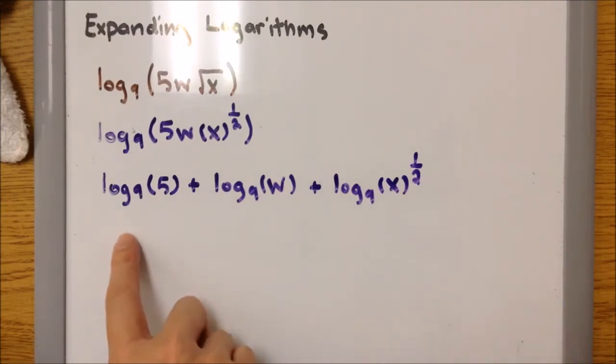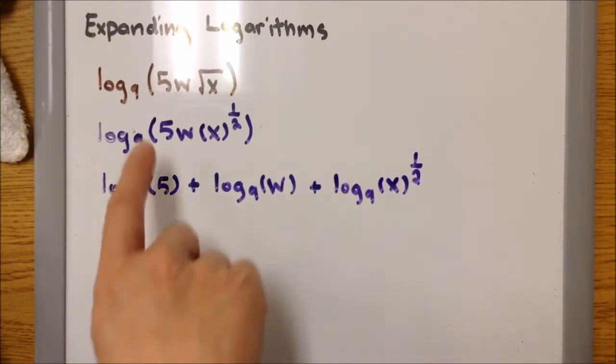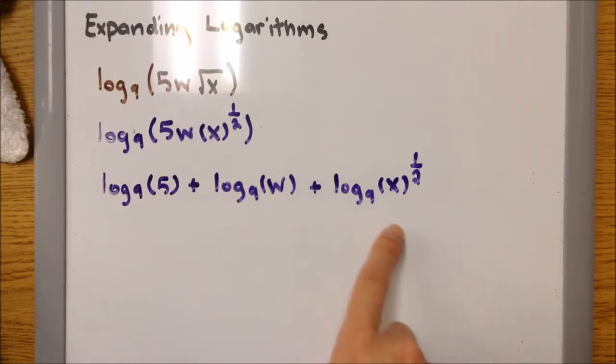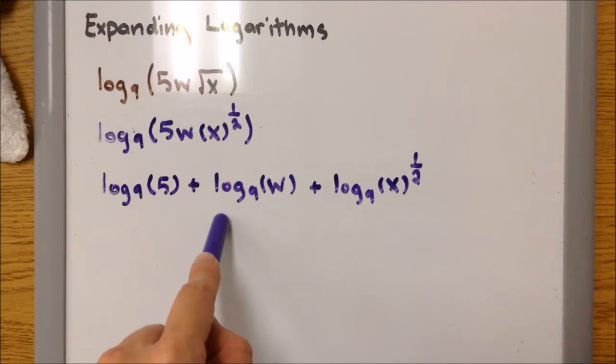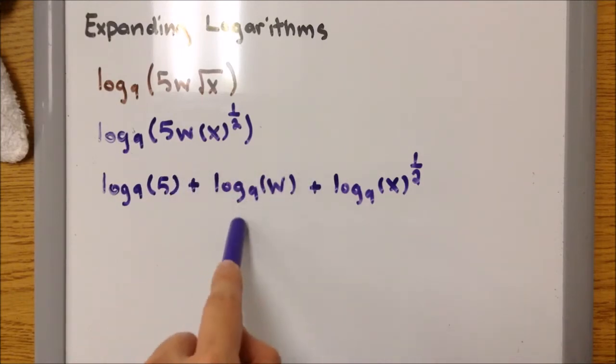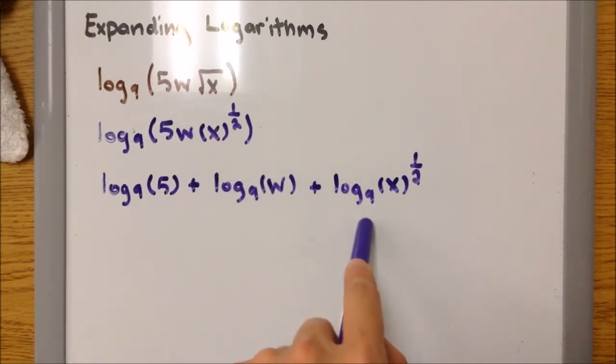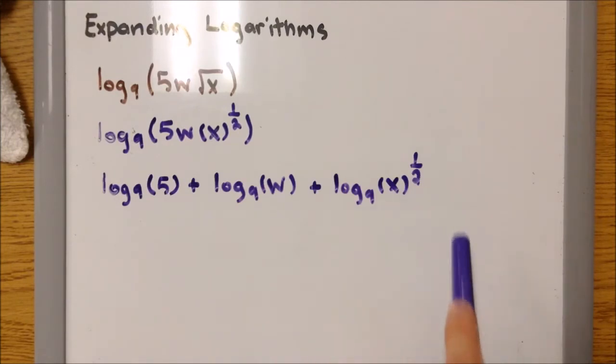Again, all I did was break this one into 3 separate logs using the product property. Now, to check, is there anything I can do in log base 9 of 5? Nothing I can do. How about log base 9 of w? Nothing I can do. How about log base 9 of x to the power of 1/2?